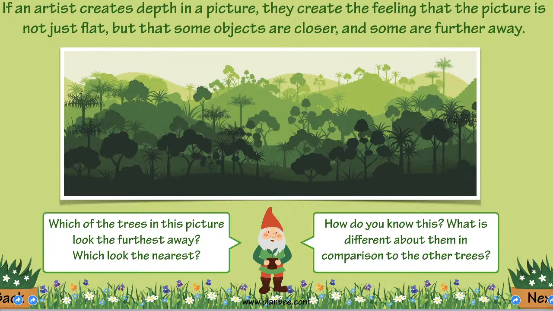And how can you tell that they're further away? Brilliant, well done. So Abdul says that the darker green trees are closer to us, and as the trees get away from us, they get lighter, don't they? Really interesting, well done. Fantastic.